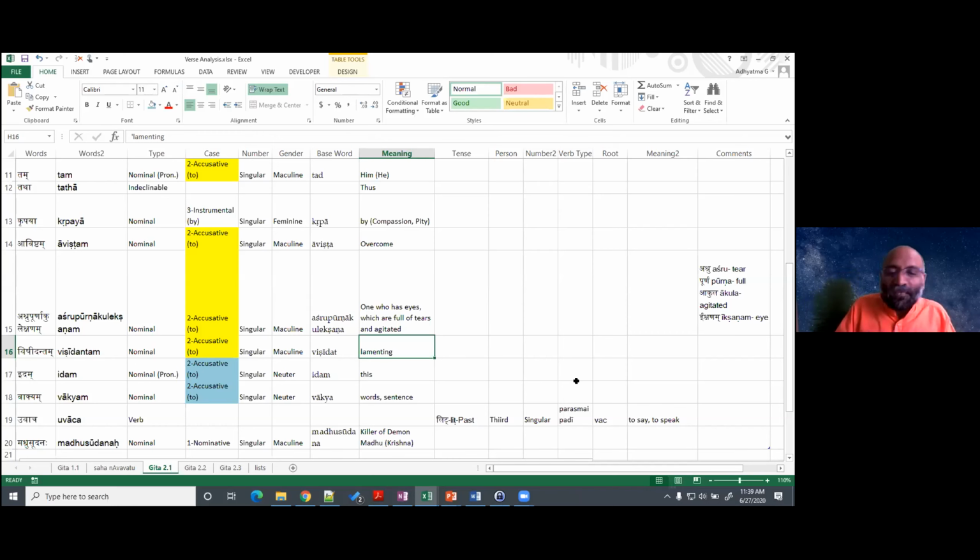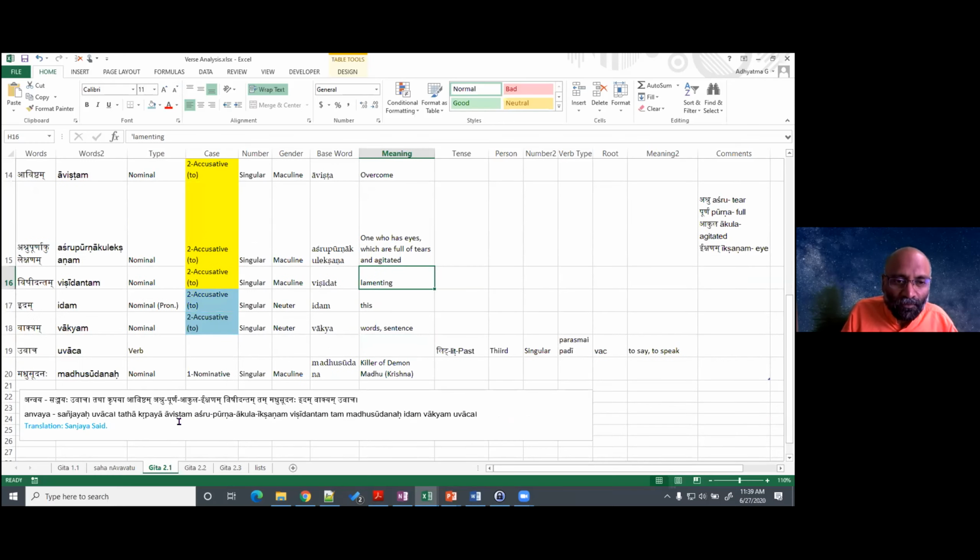Now, when we put the sentence in English, you try to put it in whichever way it makes the best sense in English, as per English grammar and English choice of words. The idea is that you understand what it means. So that's how we understand a sentence in Sanskrit. So we can write here simply. Of course, there could always be a choice of how you write in English.